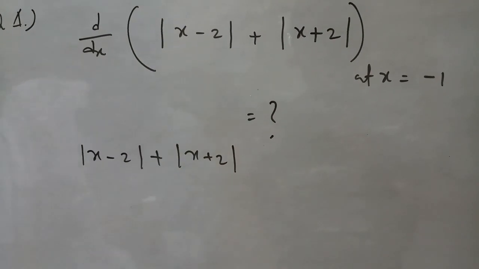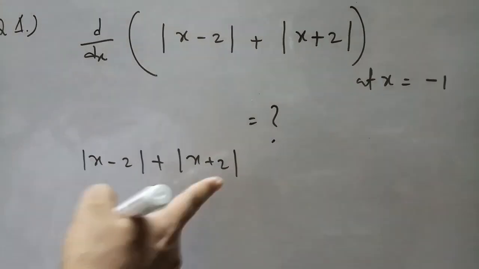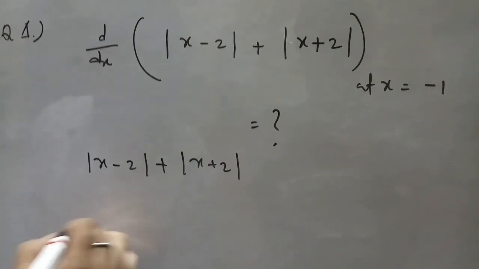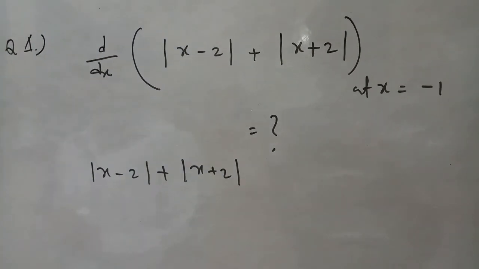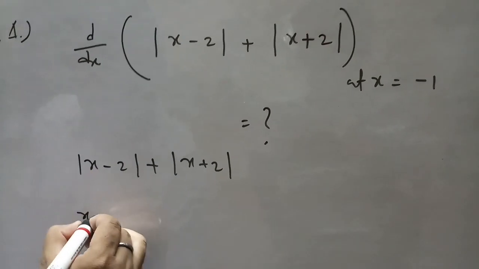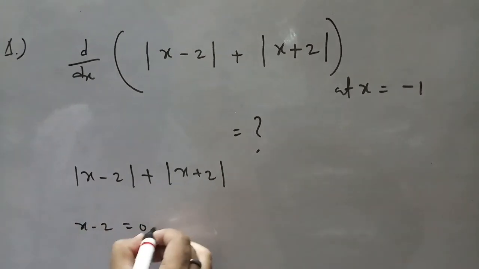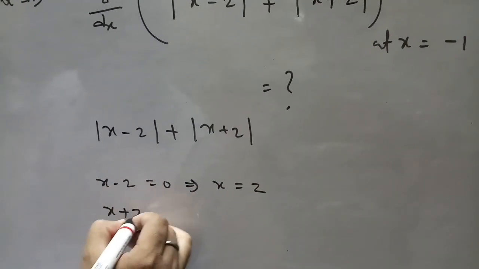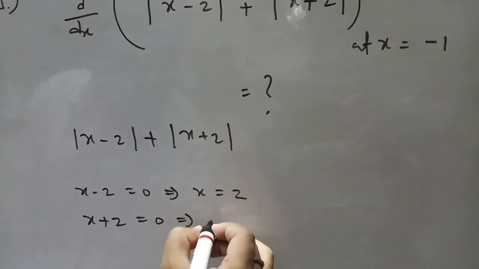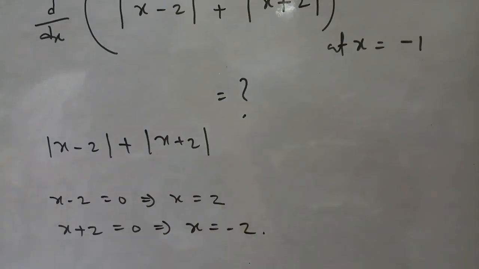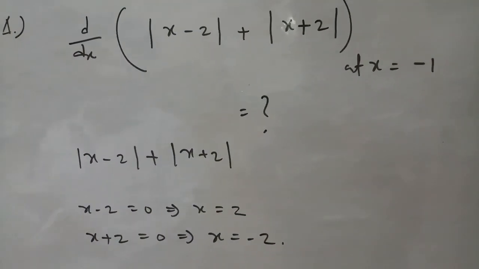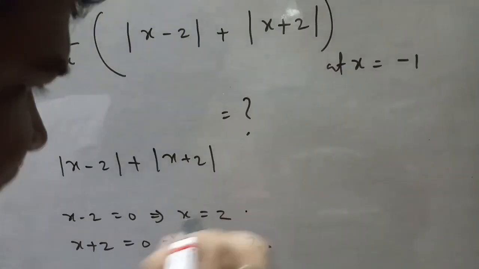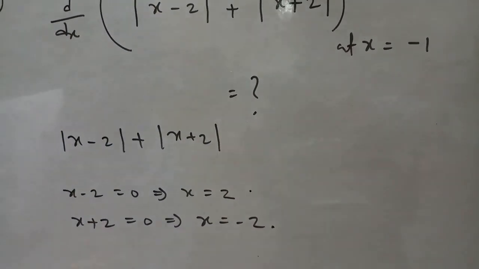To define this modulus function, first of all we find the critical points. Here the critical points are x minus 2 equal to 0, that is x equal to 2, and x plus 2 equal to 0, that is x equal to minus 2. These two critical points, minus 2 and 2, will be plotted on the number line.